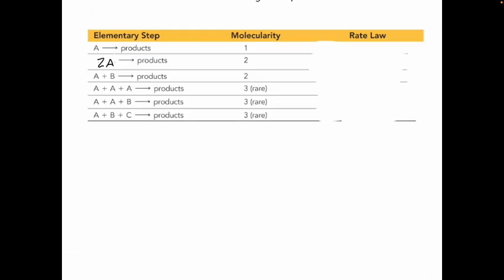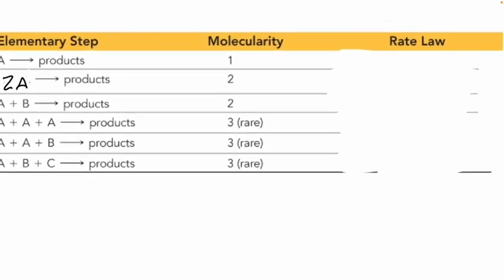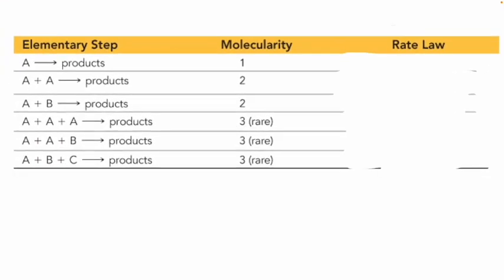Okay, so let's just look at some elementary steps here. Let's make sure we get this. It's really not too bad, but let's just hammer this out. Again, we're only looking at the slowest elementary step. Let's just say that explicitly. Boom. I've looked at my mechanism and figured out which step was the slowest. If I only have one reactant A, then my rate law will simply be equal to k times the concentration of A, just that one reactant.